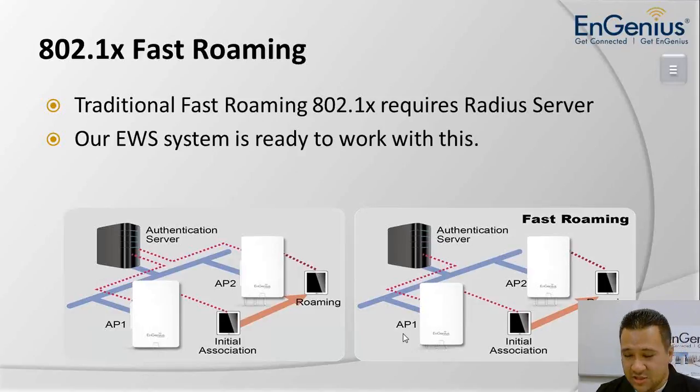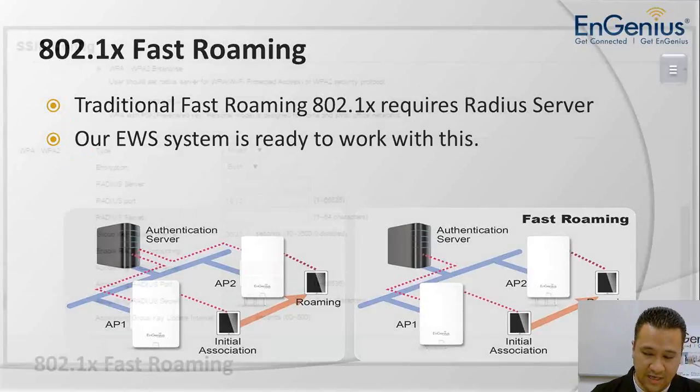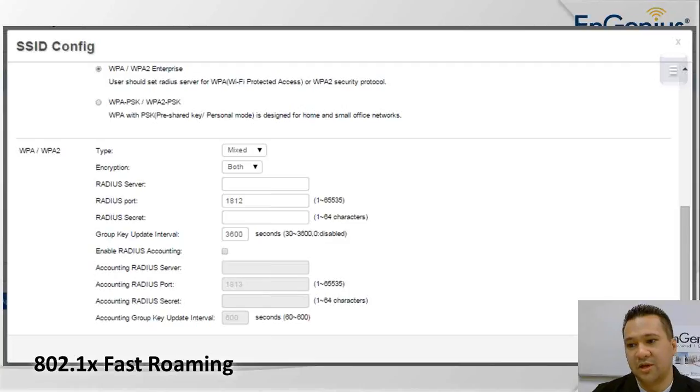And our EWS system has no problem working with it. If you use the enterprise securities, WPA or WPA2 enterprise, you find the credentials where you can direct the traffic to the address of the radius server and let the radius server handle the encryption and the authentication there.